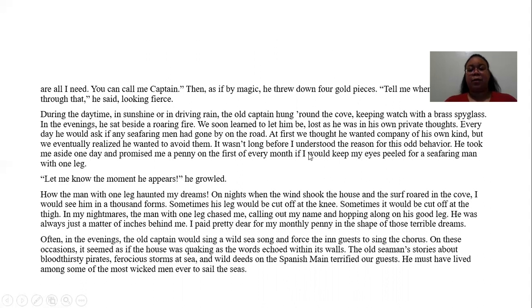All right, second paragraph, last sentence. "He asked the man that ran the inn," here's my little mouse, "if I would keep my eyes peeled for a seafaring man." So the captain was asking the guy who ran the inn to keep his eyes peeled for a seafaring man with one leg, if you want to get more detail, with one leg.